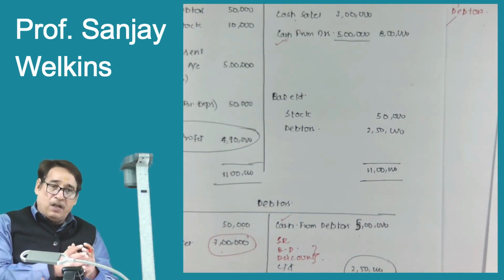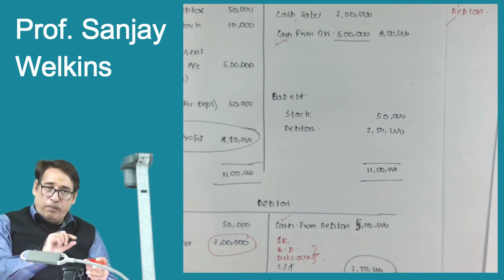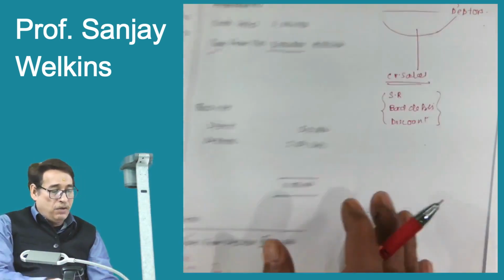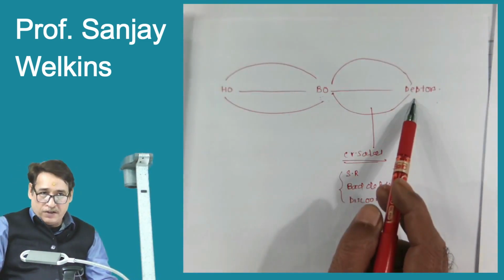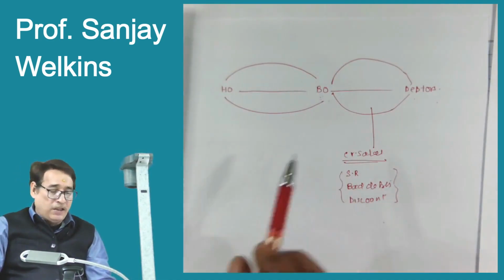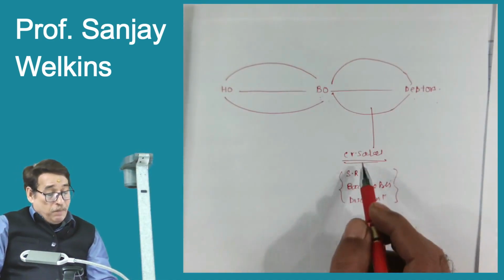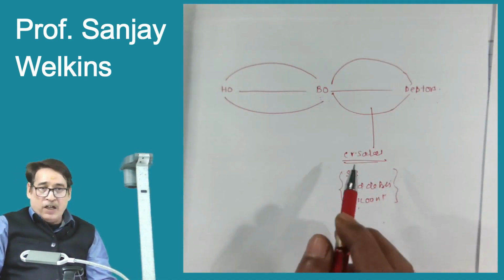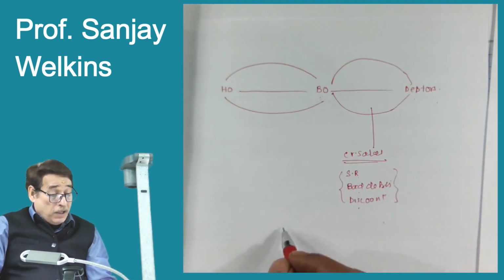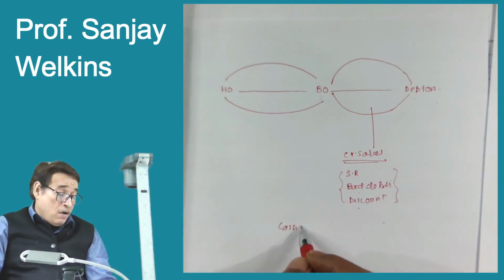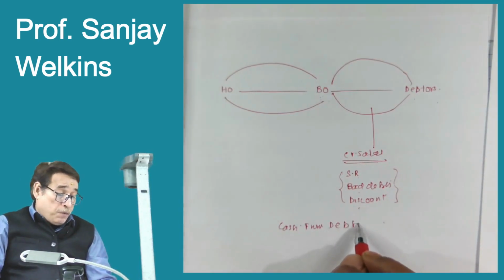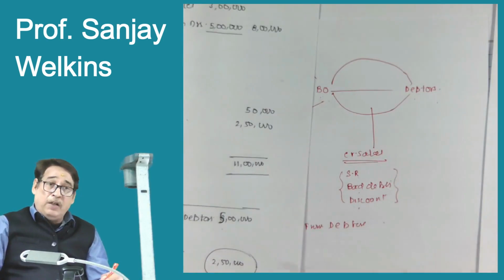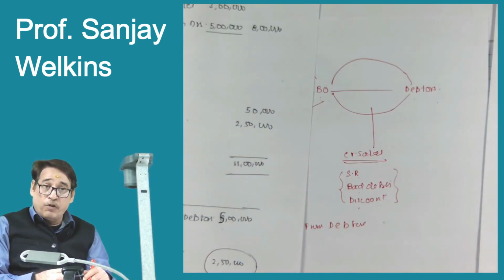I told you any transaction between the branch office and debtors will not find place in the branch account, for example credit sales, sales return, bad debts. We understand that. But what about cash from debtors? Why are we putting it in the branch account and simultaneously in the debtors account also? You may be tempted to ask this question, isn't it?